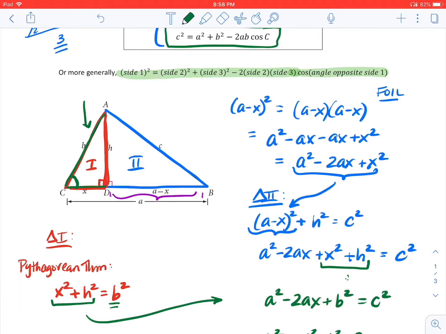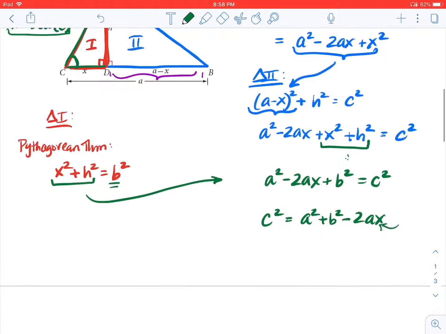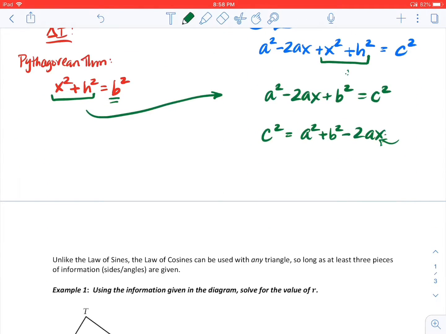And what that would be is the cosine of angle C is equal to adjacent x over hypotenuse b. Or if I multiply both sides by b, I get that x is equal to b times cosine of angle C. And now I have an expression, b cosine of C, that I can substitute in for x right here. So I'm going to do that.